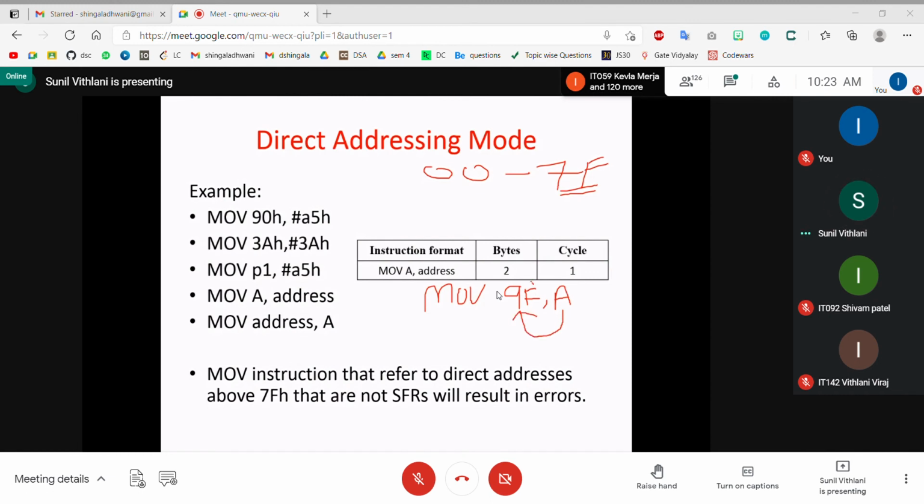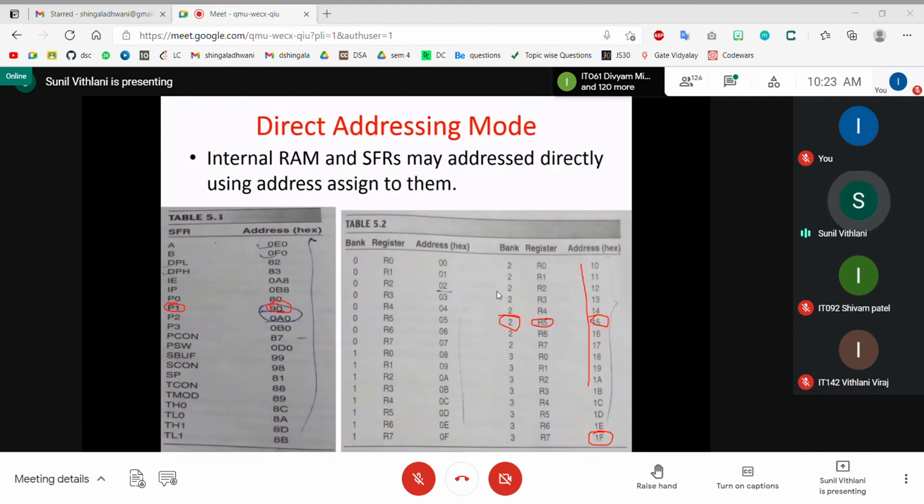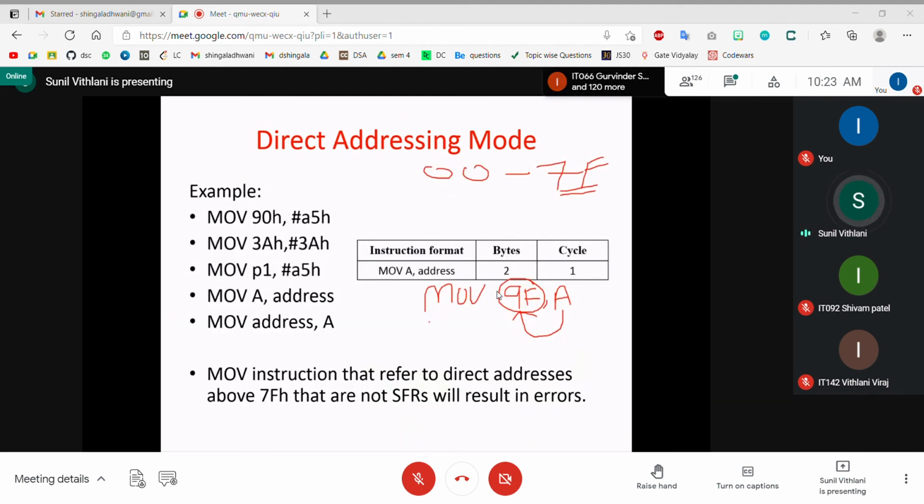But if 9F is not the address of any special function register, अगर आप यहाँ पे 9F को ऑब्जर्व करोगे तो 9F है वो कोई भी स्पेशल फंक्शन रजिस्टर का एड्रेस नहीं होगा. Then what will happen? Then this instruction will generate error. So that is an important point over here.